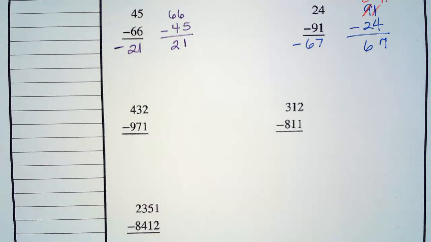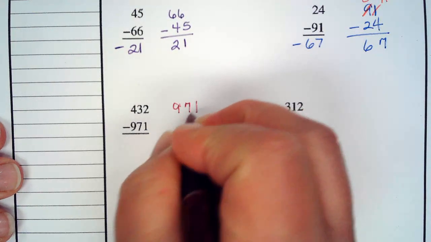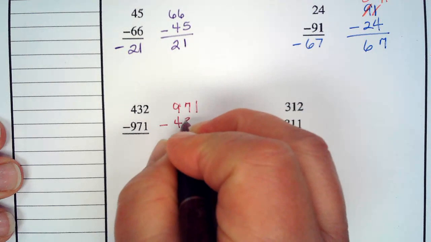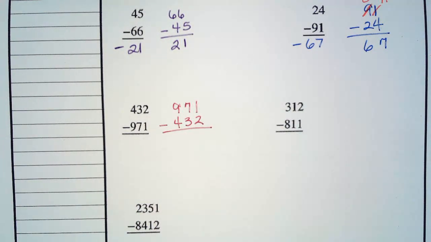Step 1, what do we do? Can you do step 1 on your own? 971 minus 432. Can you solve?